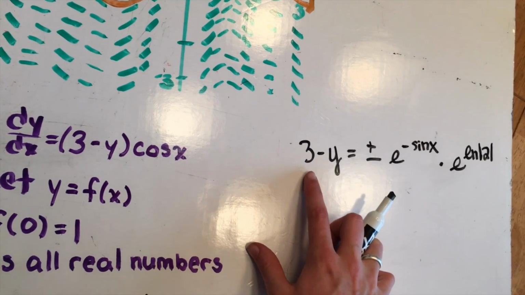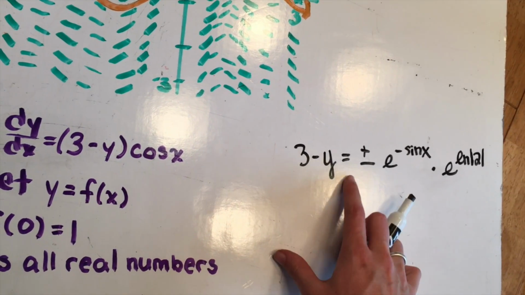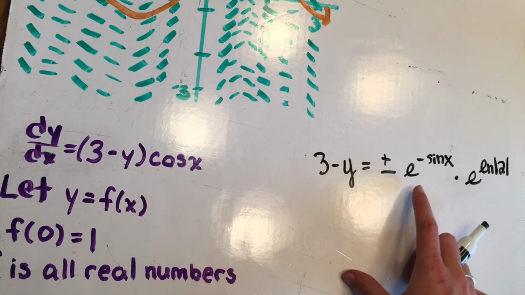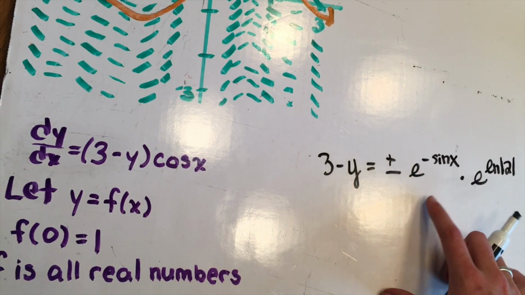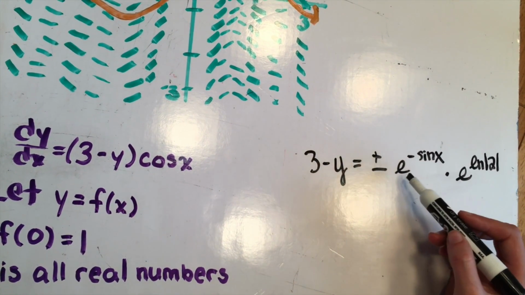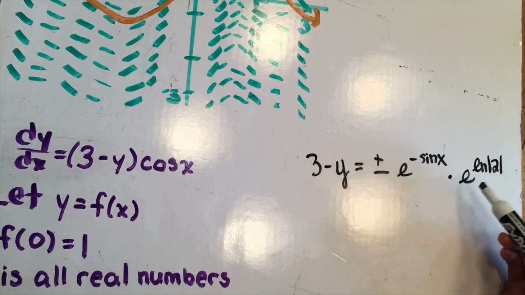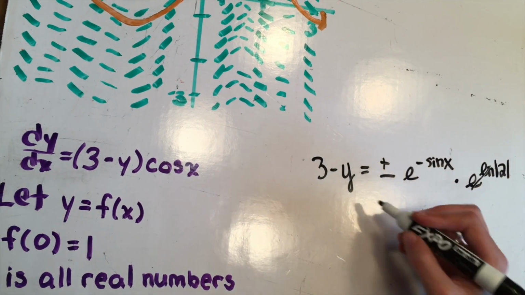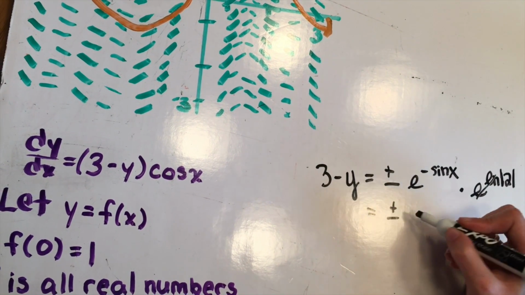So you get 3 minus y equals plus or minus, because of your absolute value signs, e, and then you can split up the e by this property, and you get e to the negative sine of x times e to the ln of 2. Now this cancels and you can bring your 2 to the front.